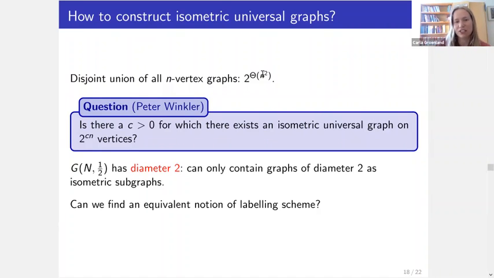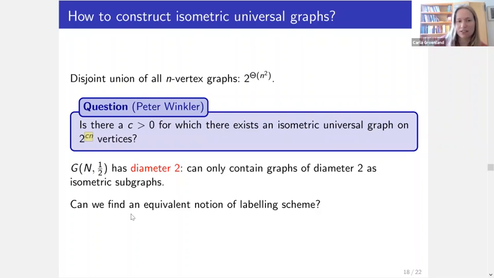And then we have about 2 to the n squared of them. And a question asked by Peter Winkler is whether we can actually do quite a bit better than that. So he proposed to study these objects and whether we can improve this quadratic in the exponent to a linear bound.